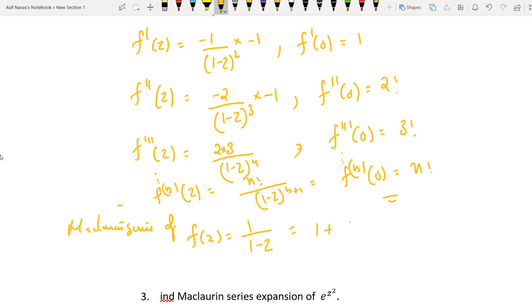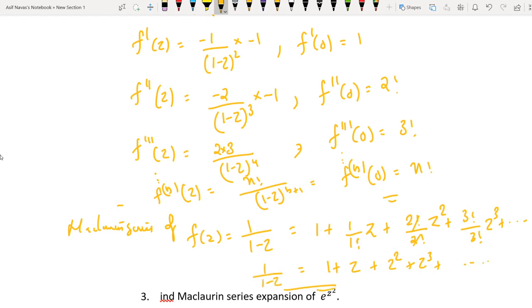So 1 by 1 factorial into z plus 2 factorial divided by 2 factorial into z square plus 3 factorial divided by 3 factorial into z cube plus etc. So this is equal to 1 plus z plus z square plus z cube plus etc. So 1 by 1 minus z has the Maclaurin series 1 plus z plus z square plus etc.